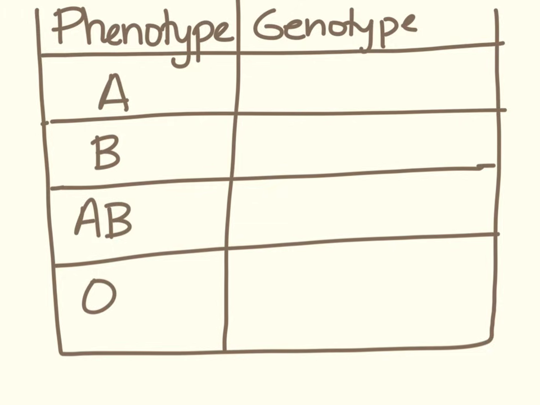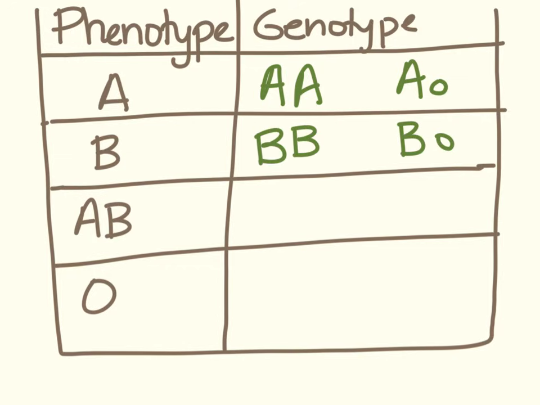I found more success, rather than using the capital I with the A and the lowercase i, that when doing punnett squares, sometimes it's easier to use, for the genotype for type A blood, 2 uppercase A's, or the A with the O. For B blood, you can be capital B or capital B with the O. AB blood will be with both A and B, and O will be 2 O's.